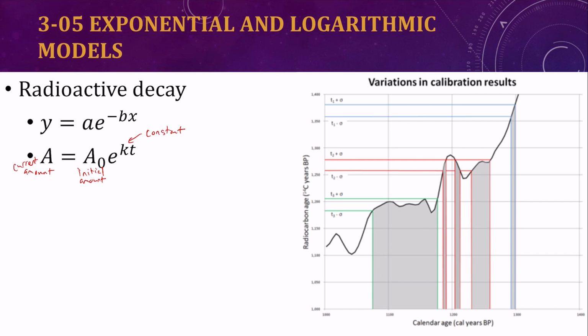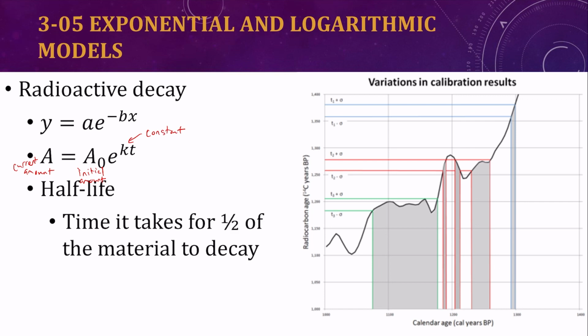We often talk about half-lives. Half-life is the time it takes for half of the material to decay. And so each different radioactive material has a different half-life. So if we know the half-life, theoretically, we could figure out how much time between when it started decaying and the current. It's often used in carbon-14 dating, C14 dating.